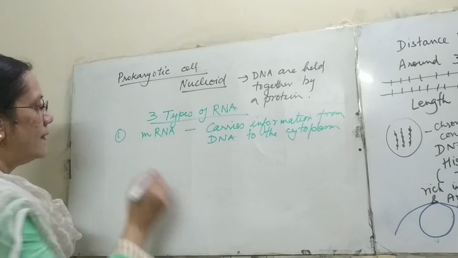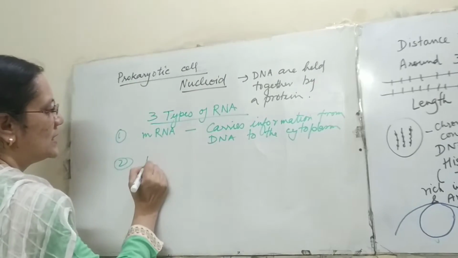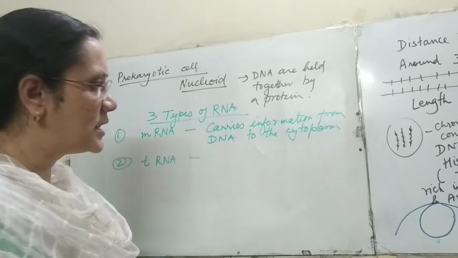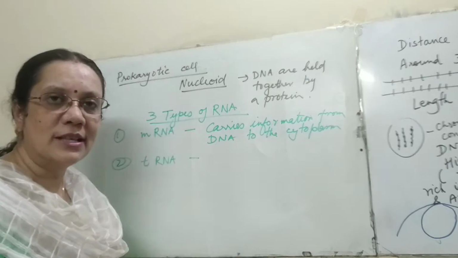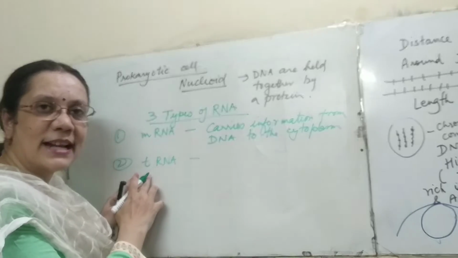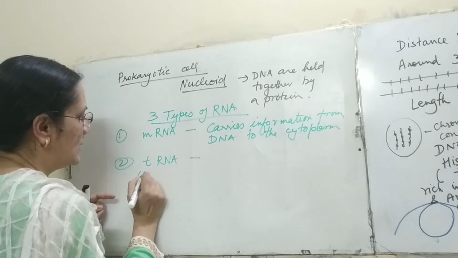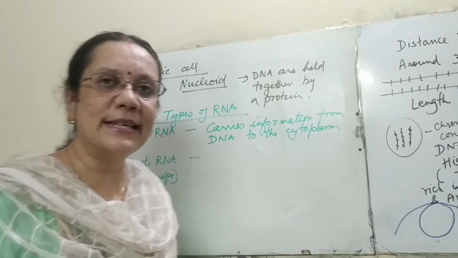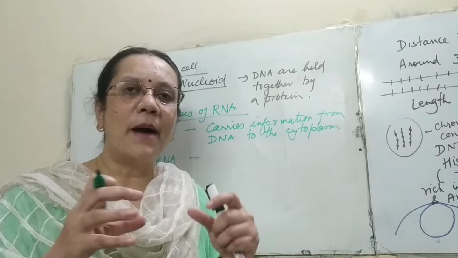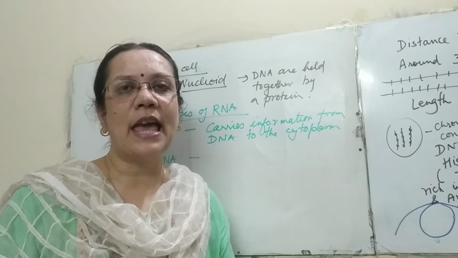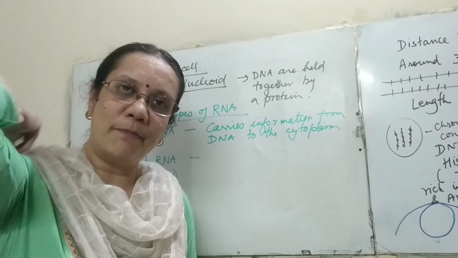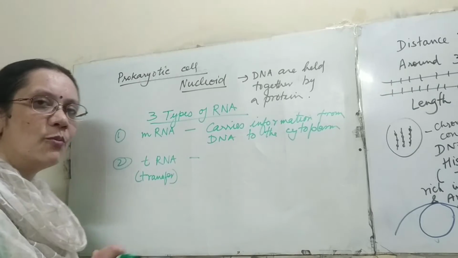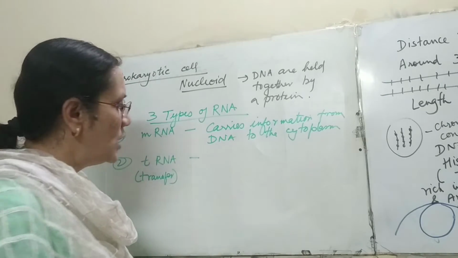Clear? Then there is the second type which is known as tRNA. tRNA is actually responsible for transferring. The T stands for transfer, so it is transfer RNA. It recognizes amino acids, binds with them and transfers the amino acids to the required place, that is to the ribosome, where protein synthesis is going to take place.